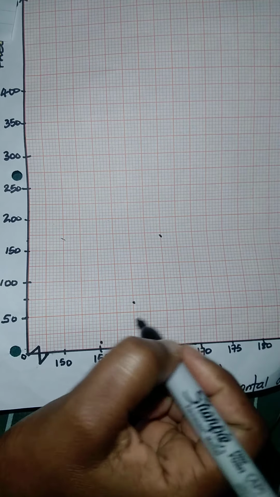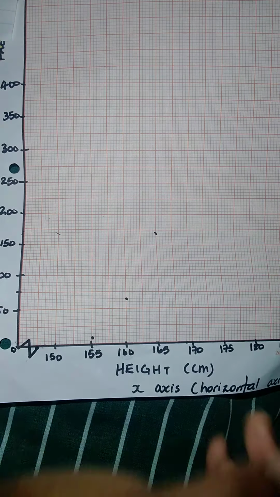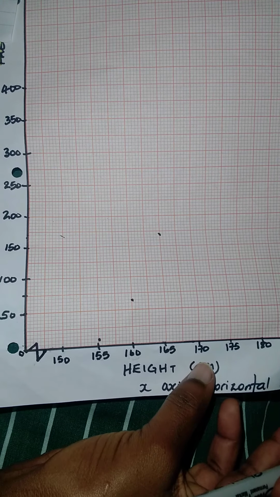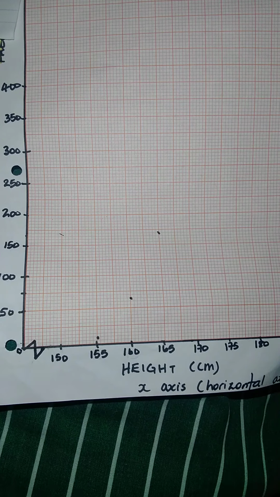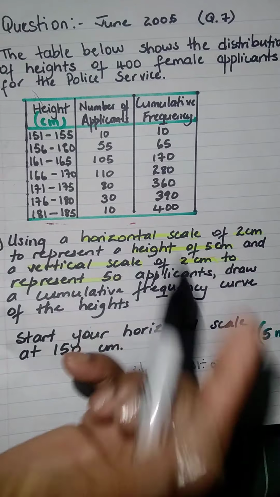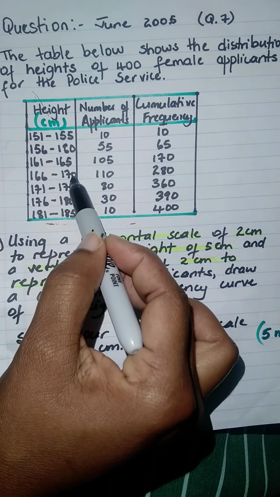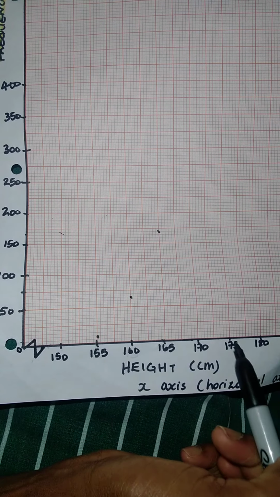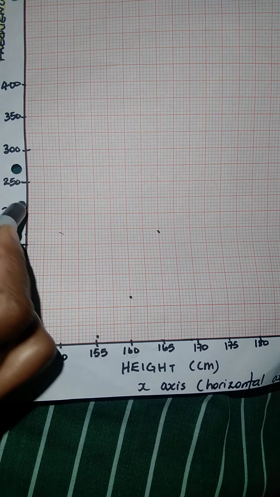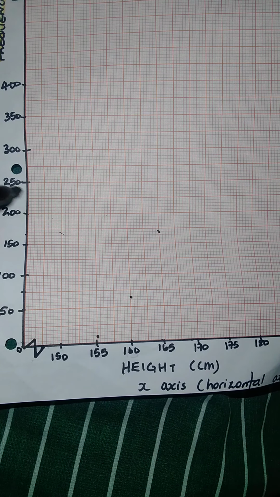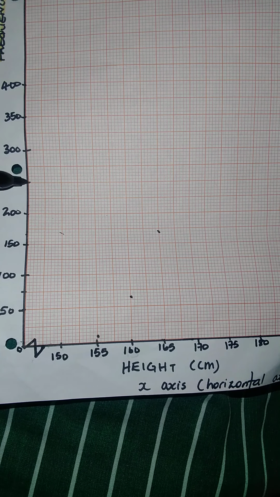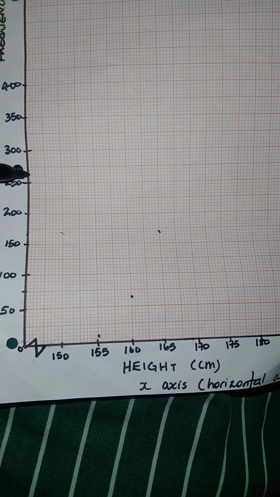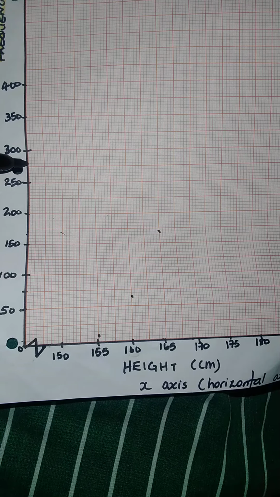All right. Normally we say to use an X, but because my X's are going to be so big, that's why I use a dot. You can use an X because you're going to use pencil. The next class now, upper class limit is 170 and it matches with 280. So let's find 170 here and let's go to 280 over here. So this is 255, 260, 265, 270, 275, 280.